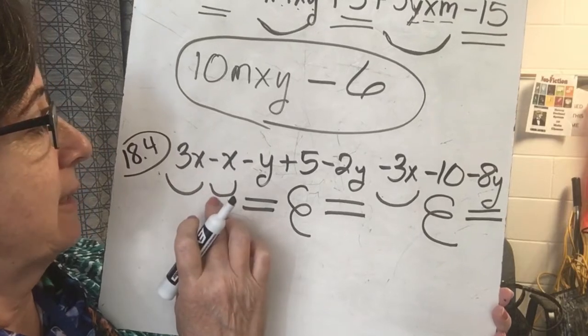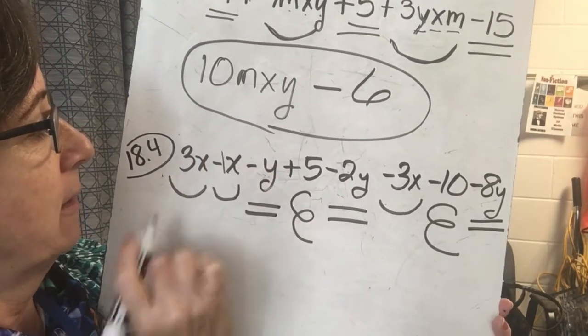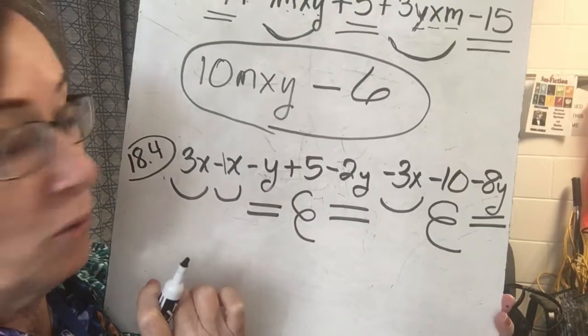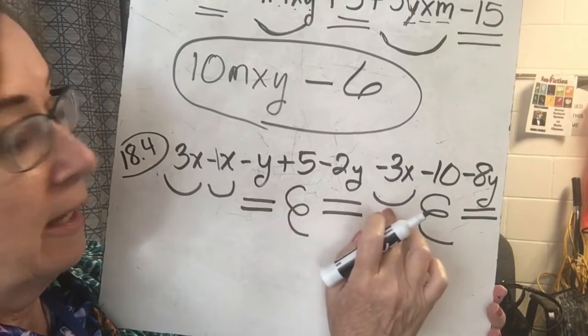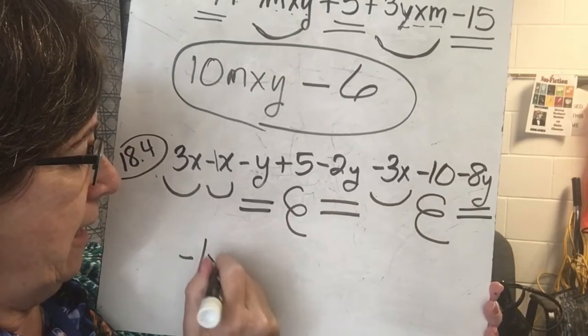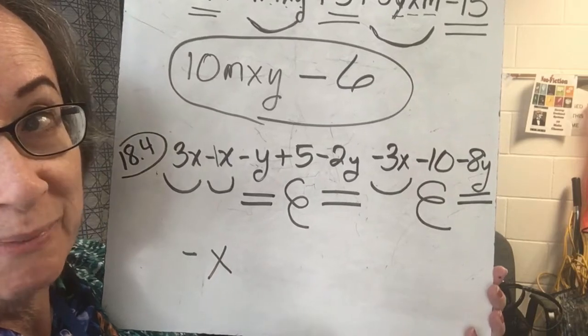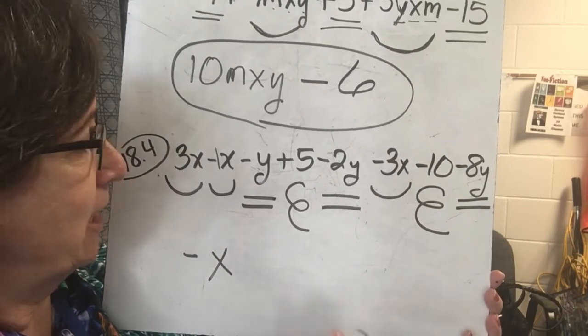3x minus x. Now remember, that's a minus 1x. 3x minus 1x is 2x. And 2x minus 3x is negative 1x. Now, do we really need the 1 there? Or does negative x mean the same thing? It does, doesn't it?